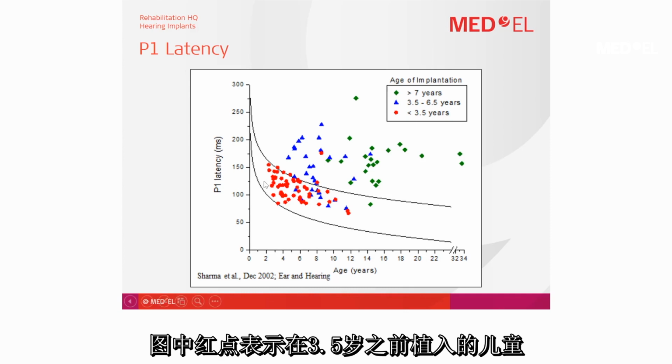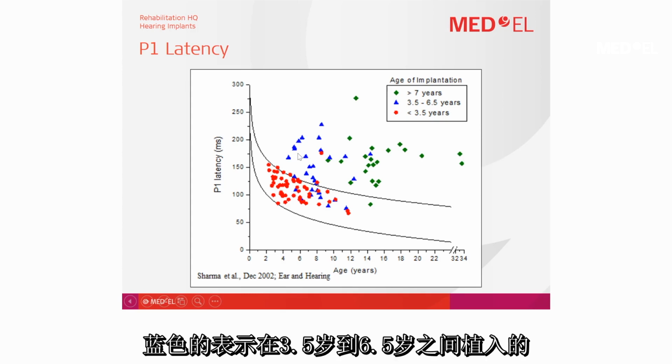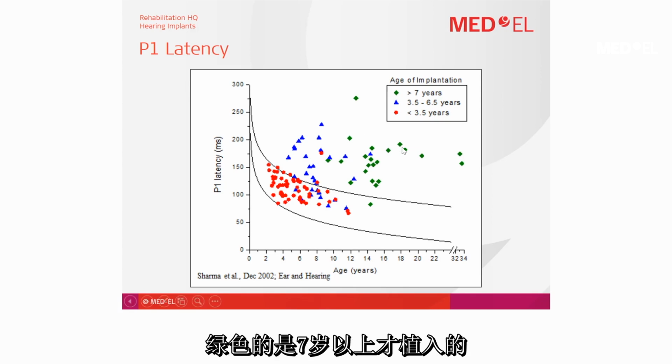So in this graph, the dots that you see in red are children who were implanted before the age of 3.5 years. Those in blue were implanted between 3.5 and 6.5 years. And those in green were implanted over the age of 7 years, with these children having been born deaf.